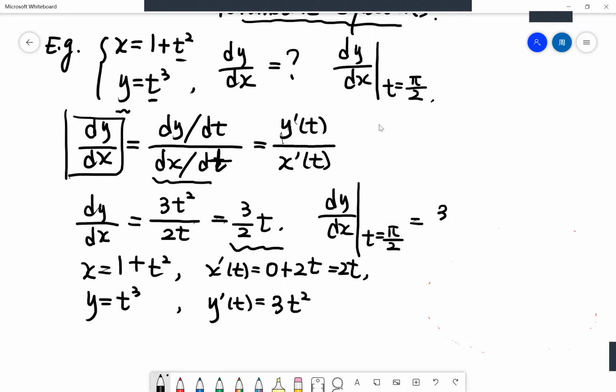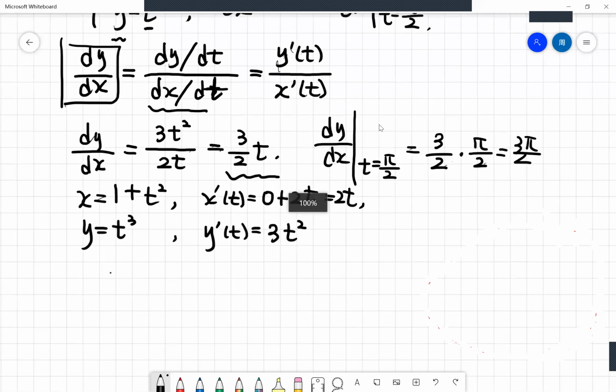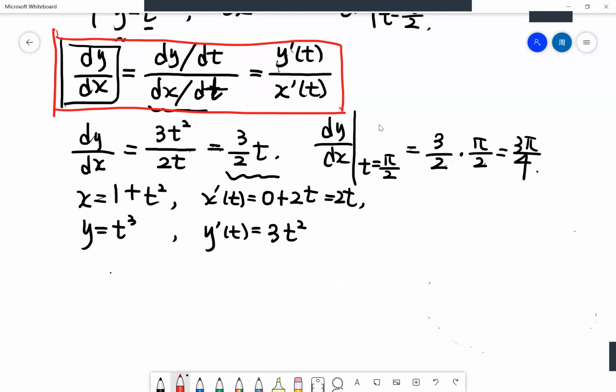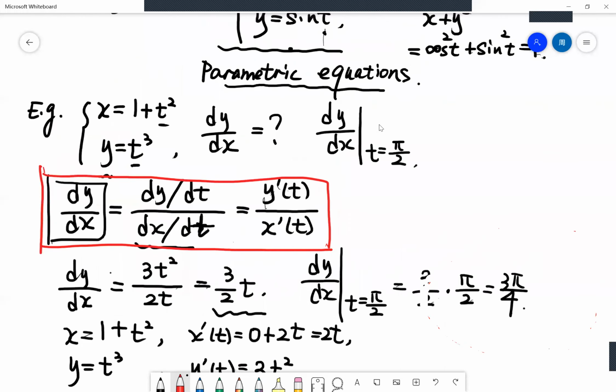So that equals 3 by 2 times pi by 2, that equals 3 pi by 4. So this is how we find the derivative for parametric equations. Can you understand? Now she will repeat from the last line, that is, t equals pi by 2, this line.